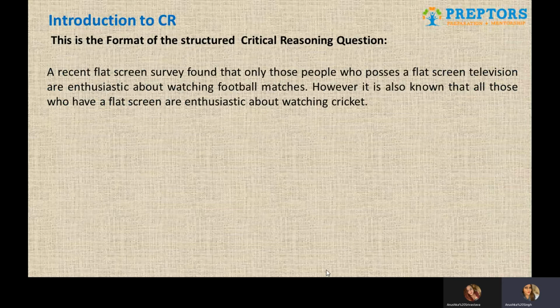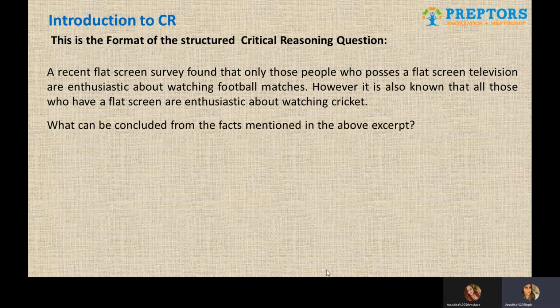So this makes a comparison between people being enthusiastic to watch football matches with respect to having flat screen televisions and people who are enthusiastic about watching cricket and having flat screen televisions. Now, what can be validly concluded or inferred from the facts given in the above excerpt, which is the passage?